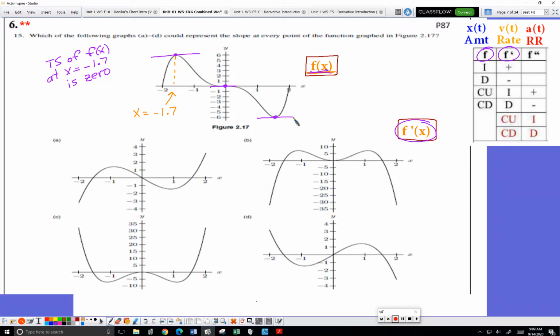I find tangent slopes that are equal to 0. So if I were making a chart, I'd say tangent slope of f, and then I also know y-coordinate of f prime.